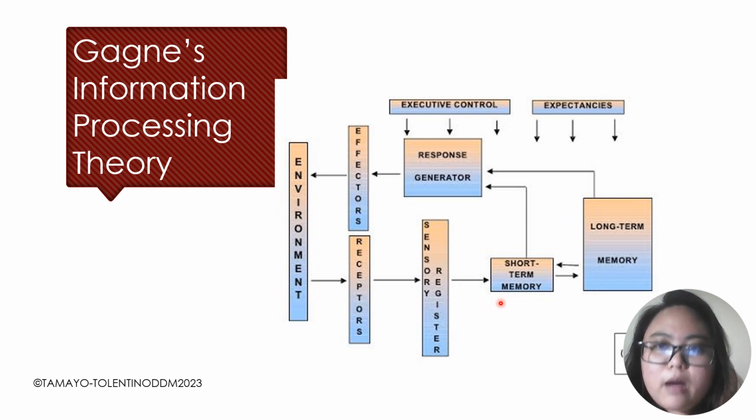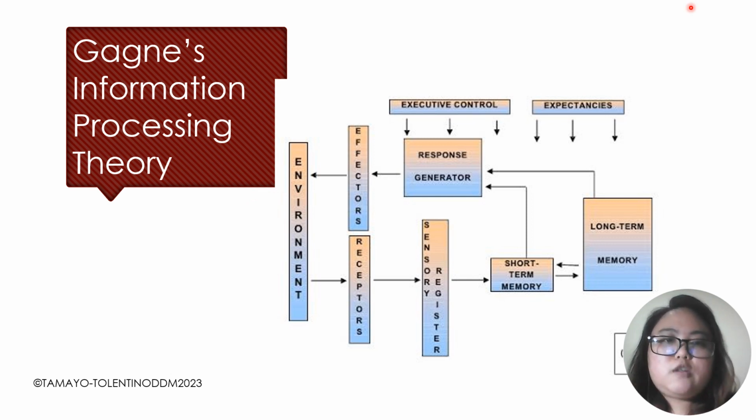It stays there for some time, and depending on the relevance of the information, those that are highly relevant go to the long-term memory, where we can store it for a very long time until it generates a behavioral response from us. The response is sent to the effectors, which in turn affect the environment.